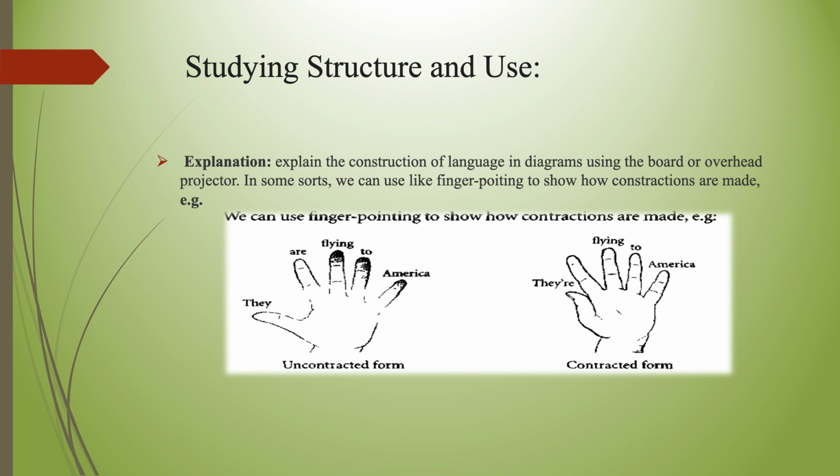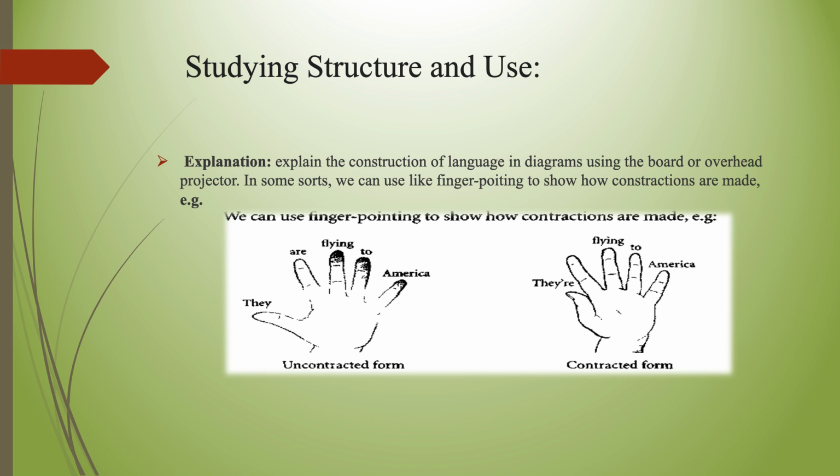So in order to make the students joyful, happy, and understand well in the lessons, the teacher has to find ways to explain. Here, the teacher can use diagrams or finger pointing to show how the constructions are made.